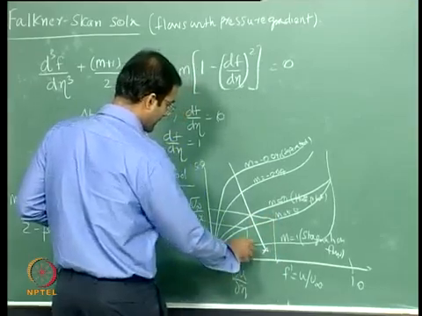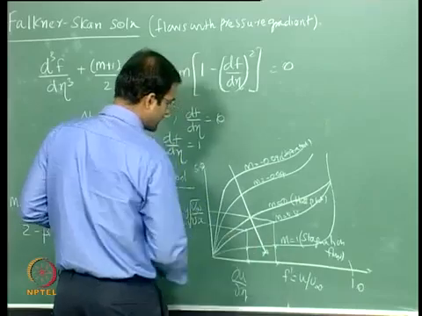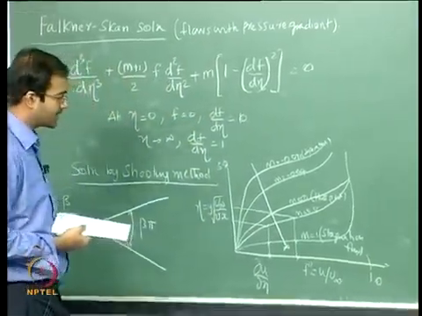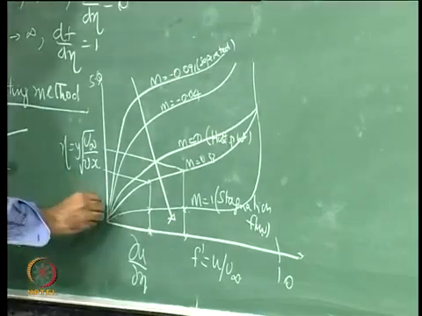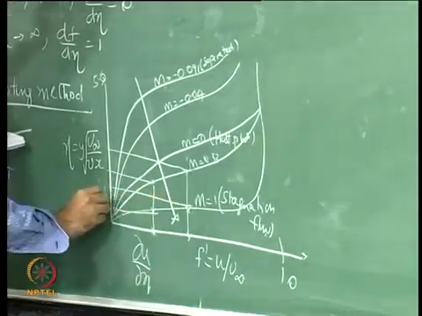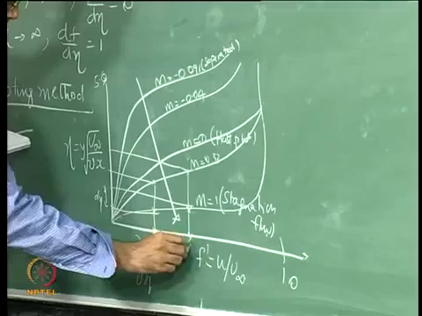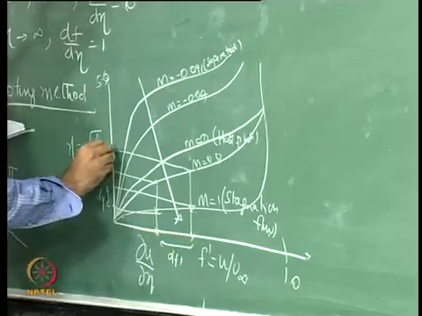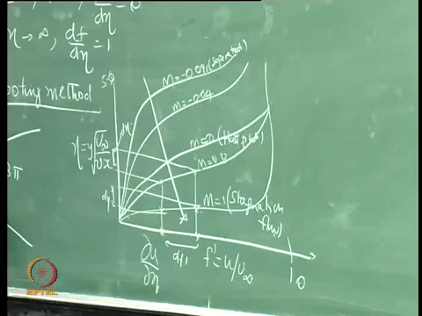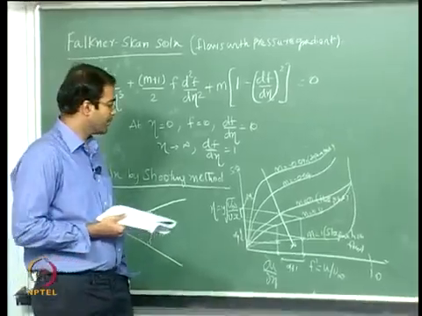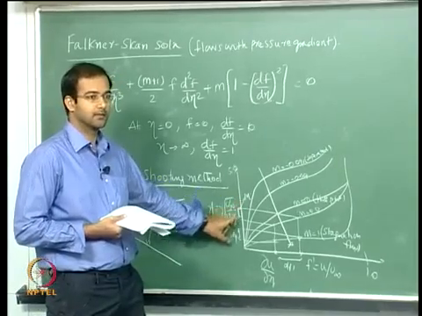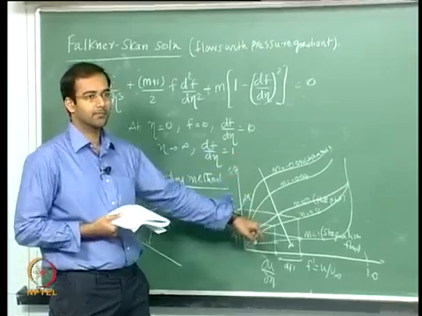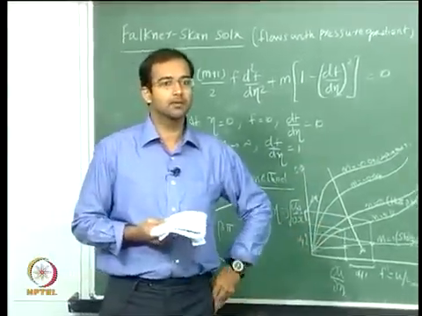If I look at f for these values, in which case is your gradient higher? Here in this case this is your d eta for this value of df prime, and this is your d eta here. In which case the d eta will be more for this case, so therefore the gradient will be higher for this case, okay. So as you keep increasing your m, the velocity gradients become more and more steeper, okay.